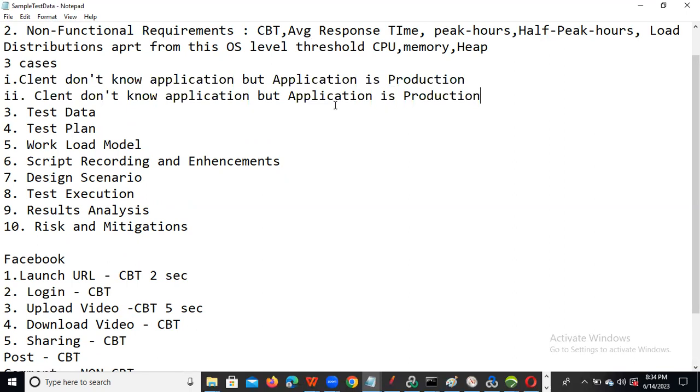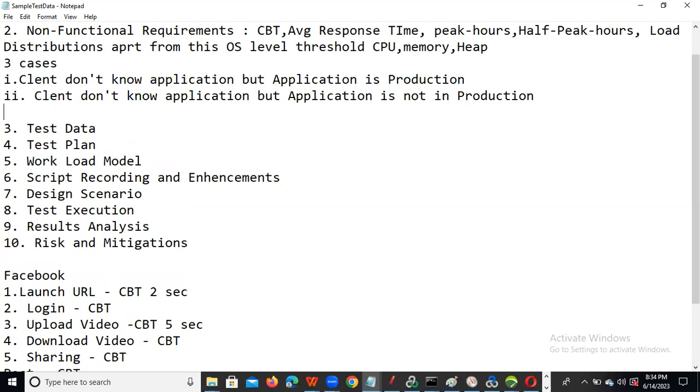In the second case, the client doesn't know anything about the application, and the application is not in production.